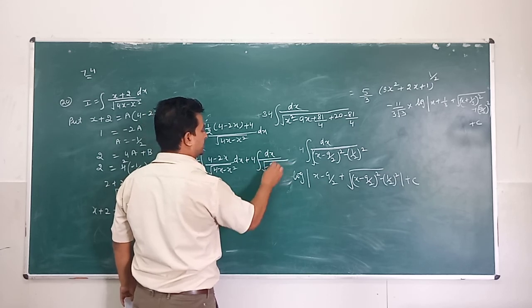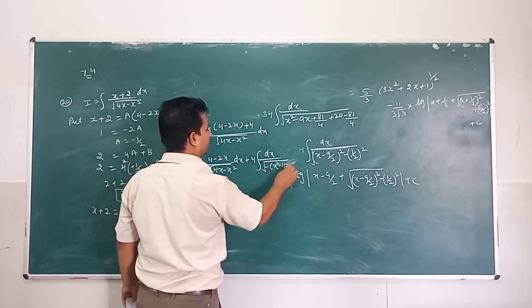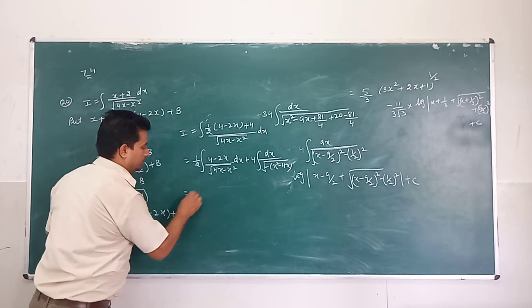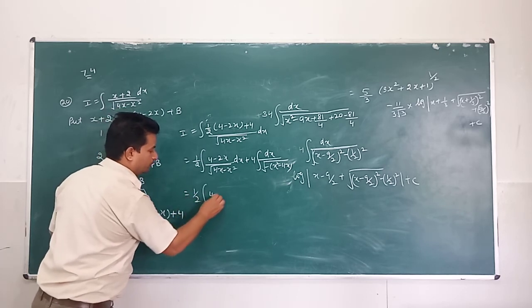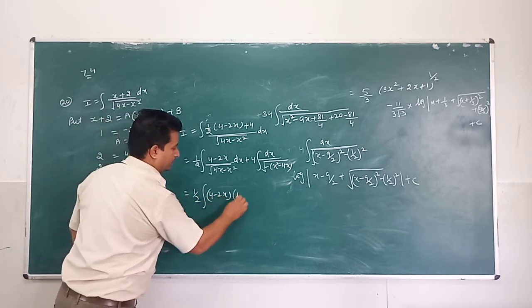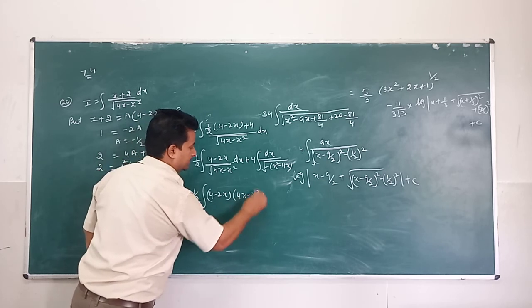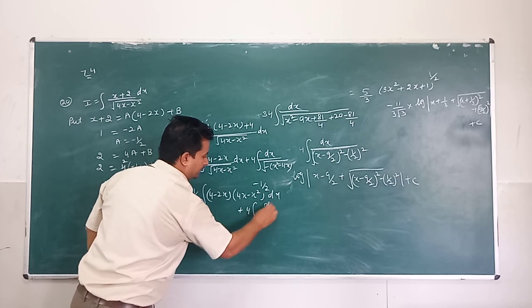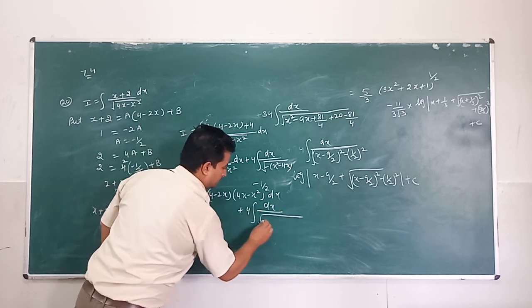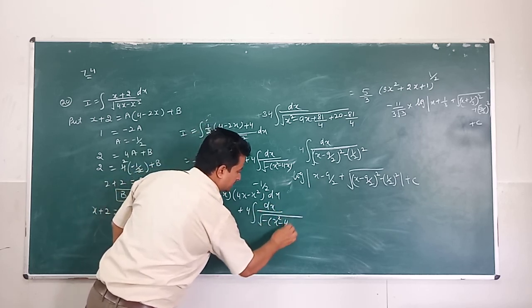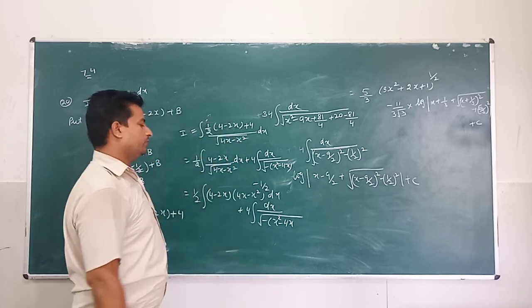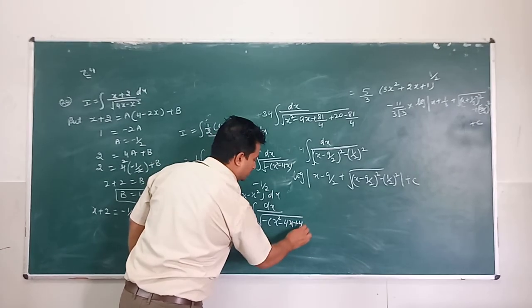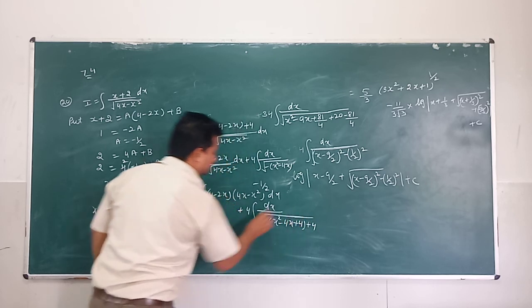For completing the square take minus common: x square minus 4x, half of 4 is 2, its square is 4, so it is subtracted and added.